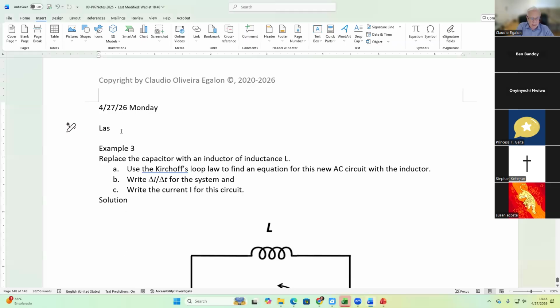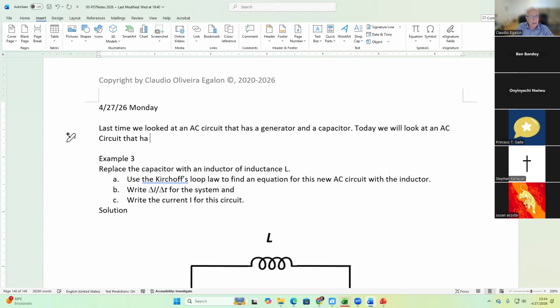Good. Last time we looked at an AC circuit that has a generator and a capacitor. Today we will look at an AC circuit that has an inductor in the place of the capacitor.